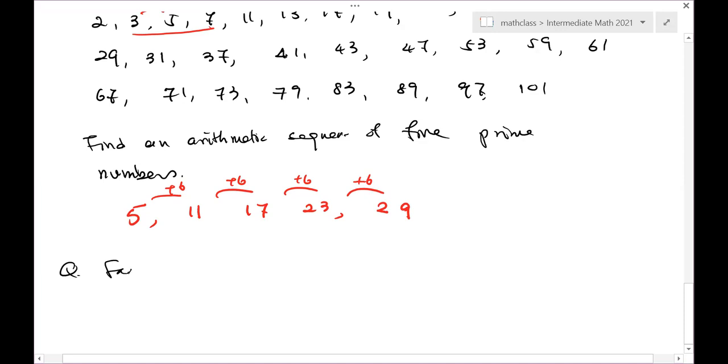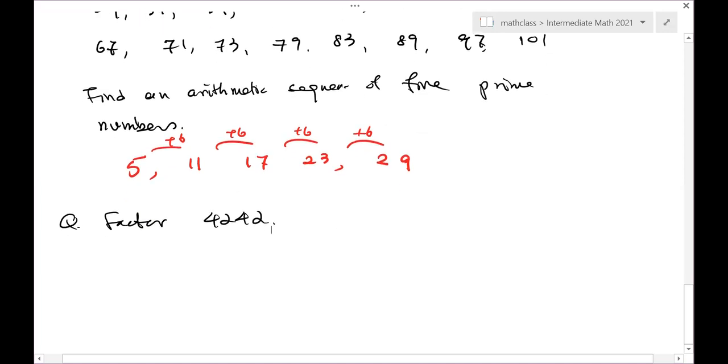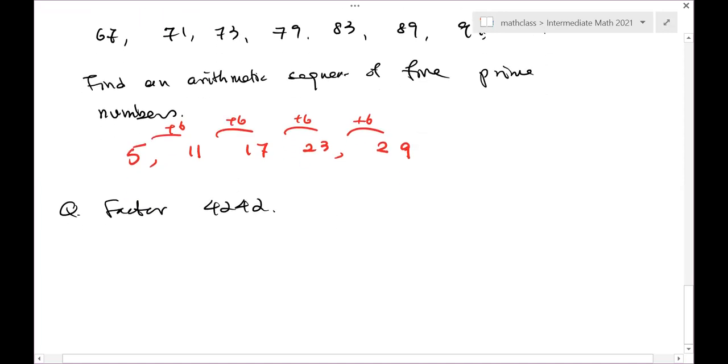For example, we did it many times, factor the following number 4242. Let's try it. Factor 4242. Of course, this contains a factor of 2 because it's an even number.